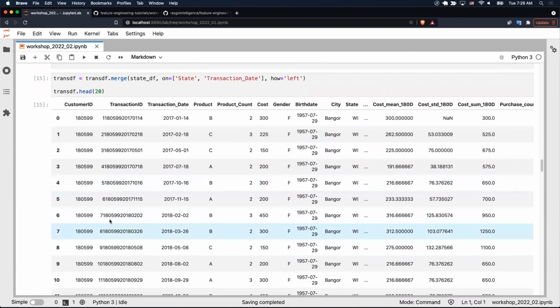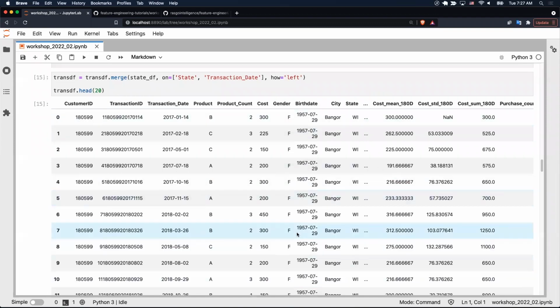And now we can see that we have a very large, very wide data set. Everything to the left is information about the transaction. We see the customer information, and then we see information about the customer's aggregated behavior.